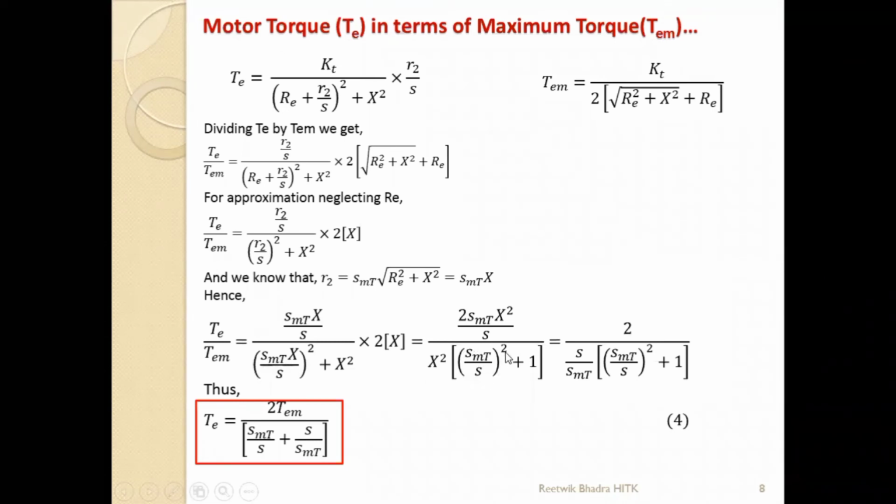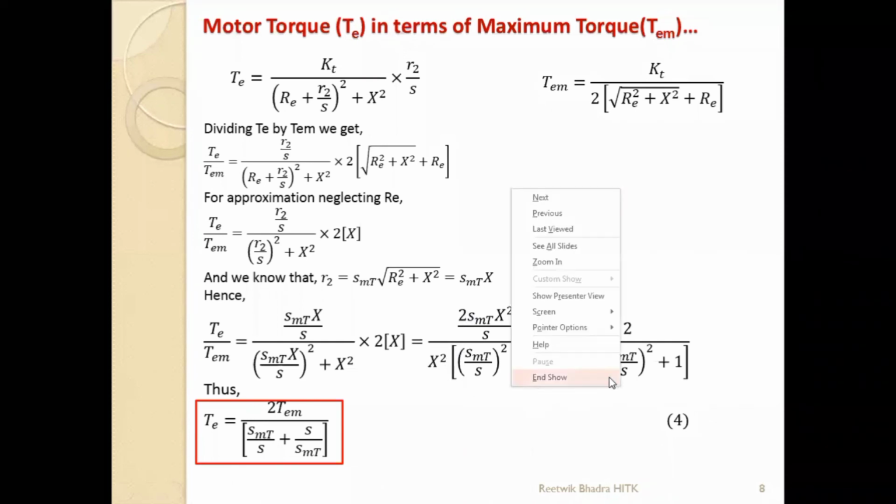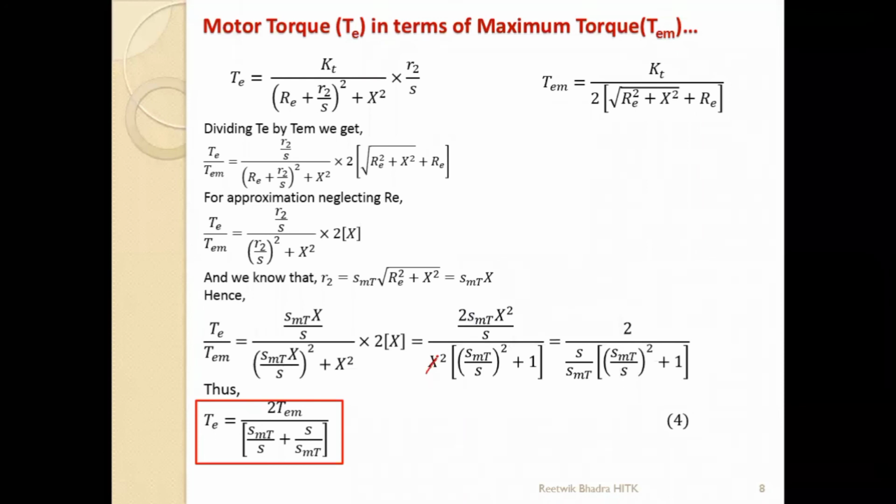X square taken common, so you'll get 1 over here. This x square and this x square cancels out. So you will have in the numerator 2 SmT by s divided by this one.